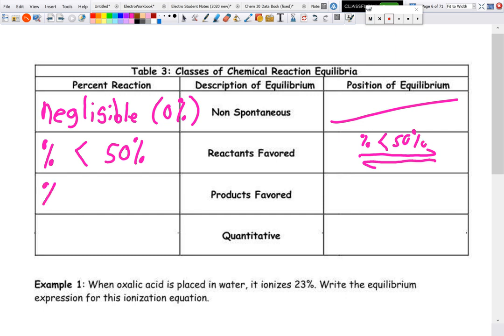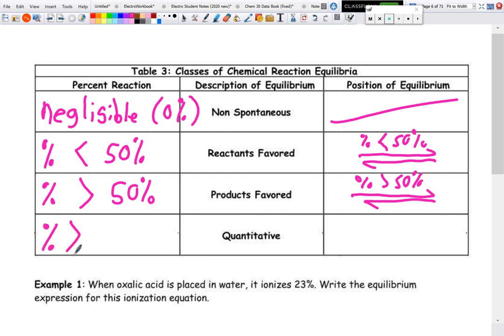For products favored, we're producing more products, so we'll see a percent greater than 50% above the arrow. For a quantitative reaction, the percent is greater than or equal to 99.9%, so basically it is 100%.